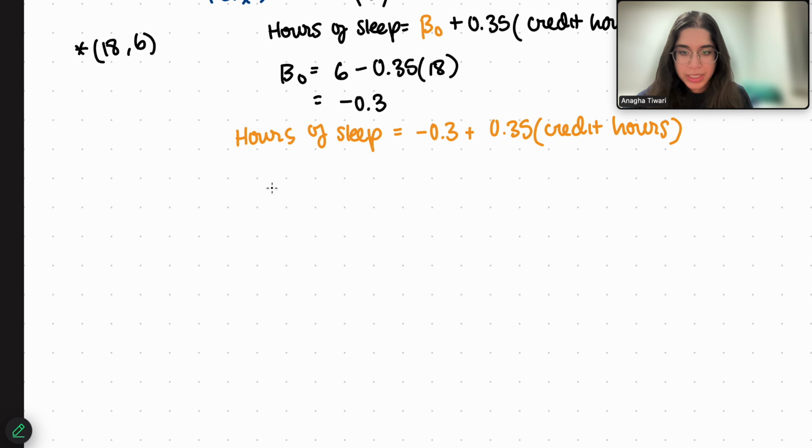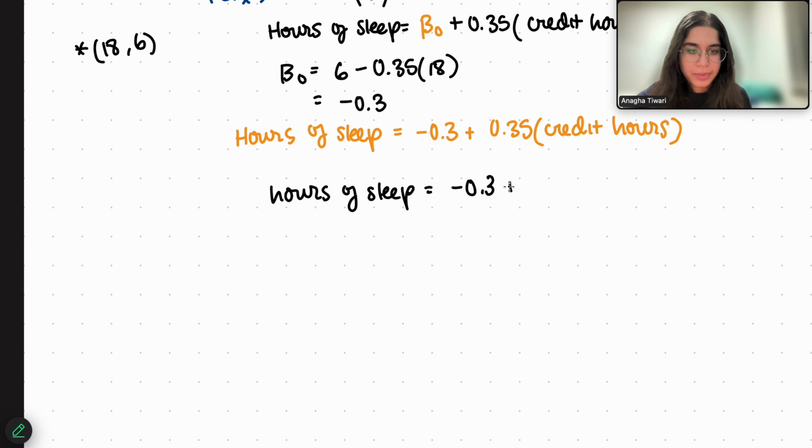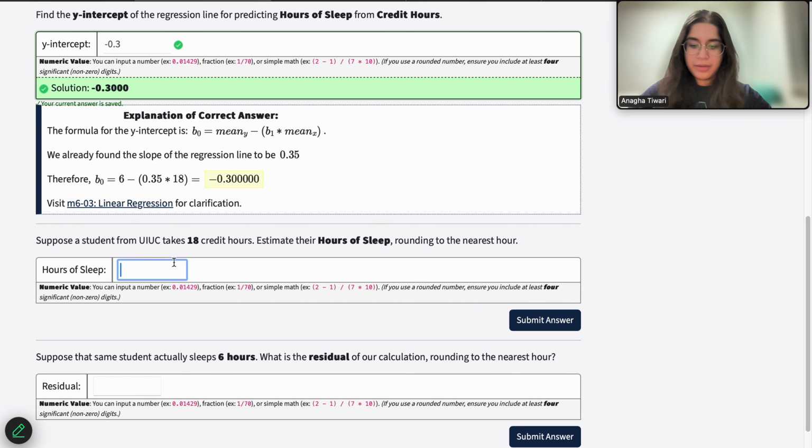So it's going to be hours of sleep equals negative 0.3 plus 0.35 times 18, which is basically exactly 6 hours of sleep. So our estimate from our linear equation is going to be 6.